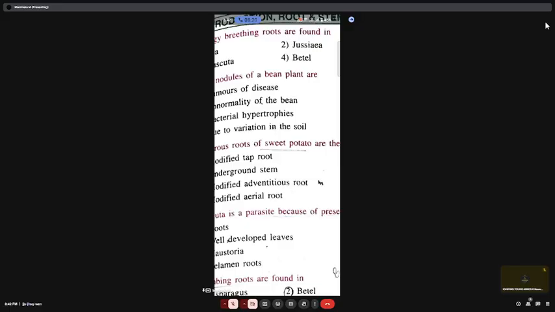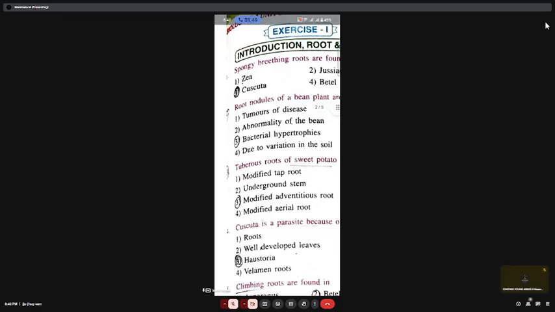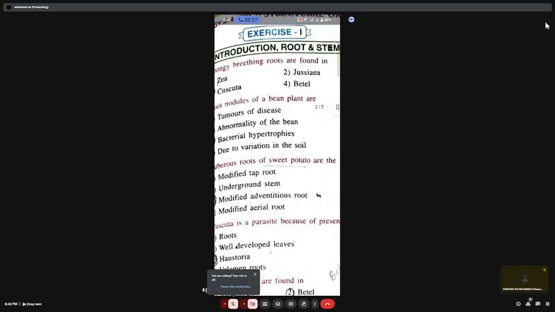What is the general characteristic of leguminous plants? In the root hair, what will be there? Have you seen small root nodules? Root nodules are present, aren't they? So what will be the answer? Bacterial hypertrophies. Make a note of it. The word is new. The root nodule of bean plant.